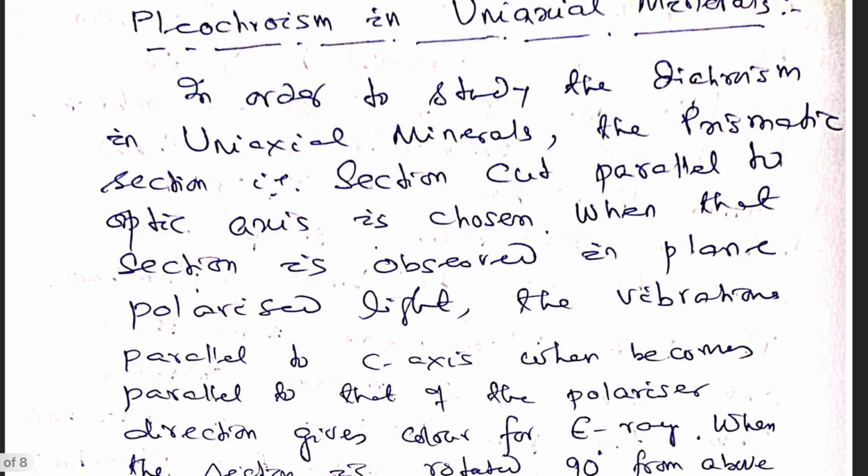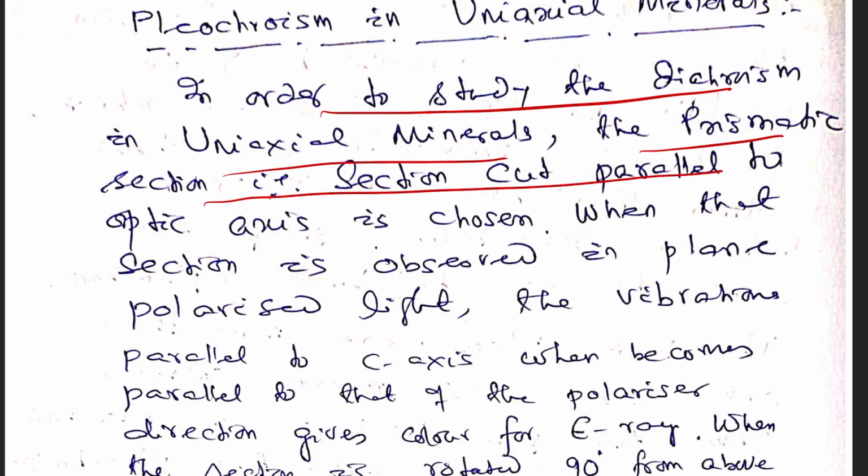Then let us see how pleochroism takes place in uniaxial minerals. In order to study the dichroism of uniaxial minerals, the prismatic sections, or sections parallel to the optic axis, are chosen.